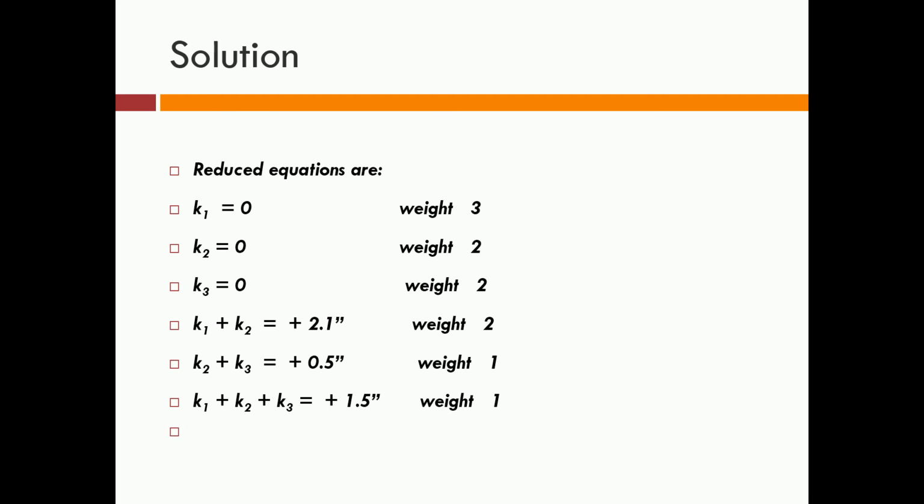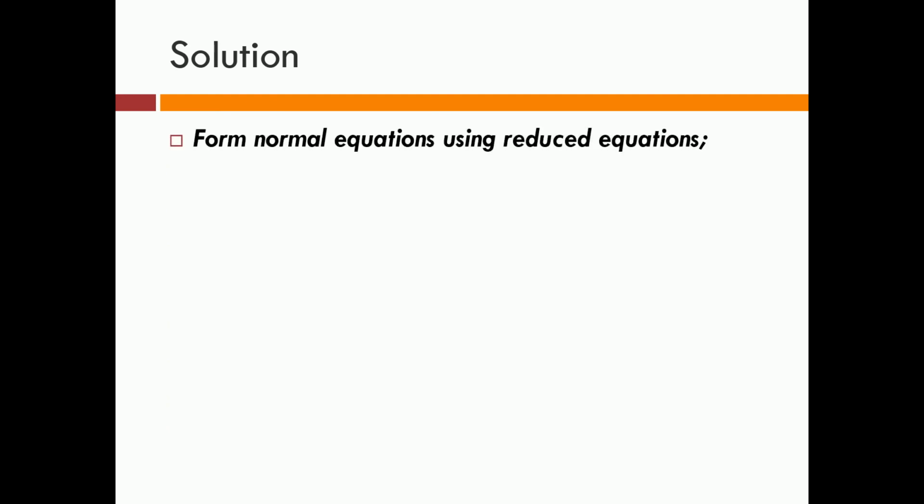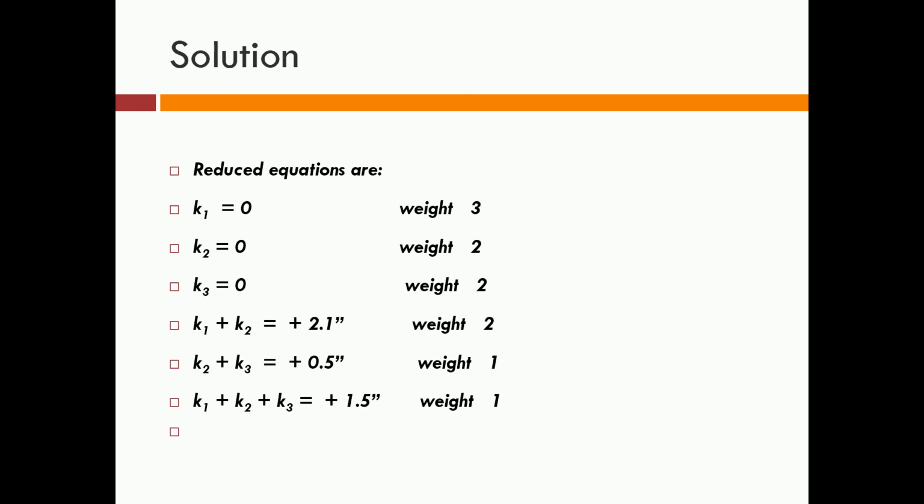So, these are the reduced equations in the form of K1. Then the next step is, after reducing these equations in the form of K1, K2 and K3, you have to form the normal equations using these reduced equations.